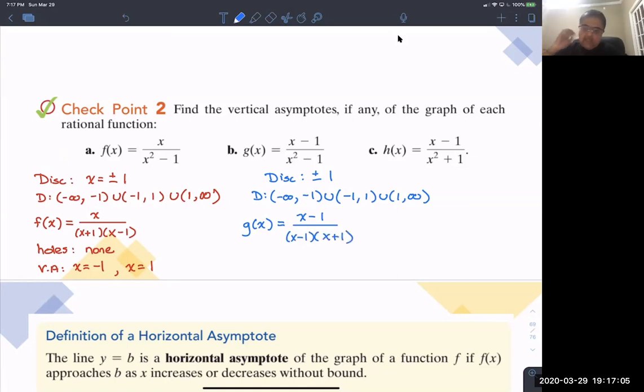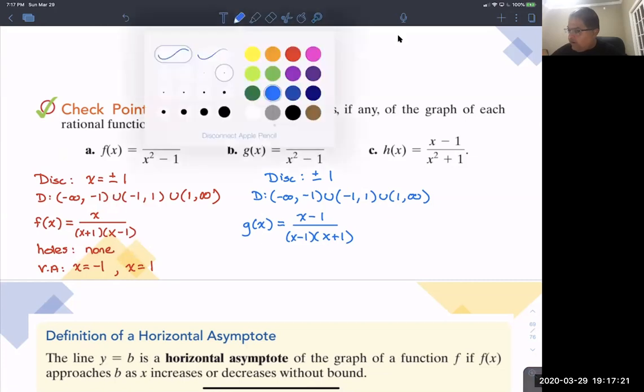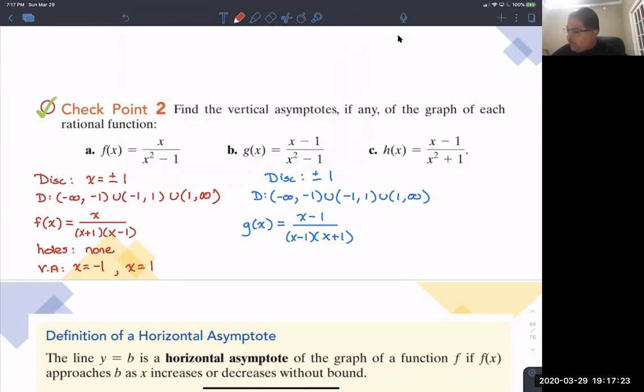But does everyone see the difference between this and this? Okay. And in the first one, nothing can cancel. None of my binomials were able to be canceled out. However, in g of x, I have x minus 1 binomial in the numerator and in the denominator.